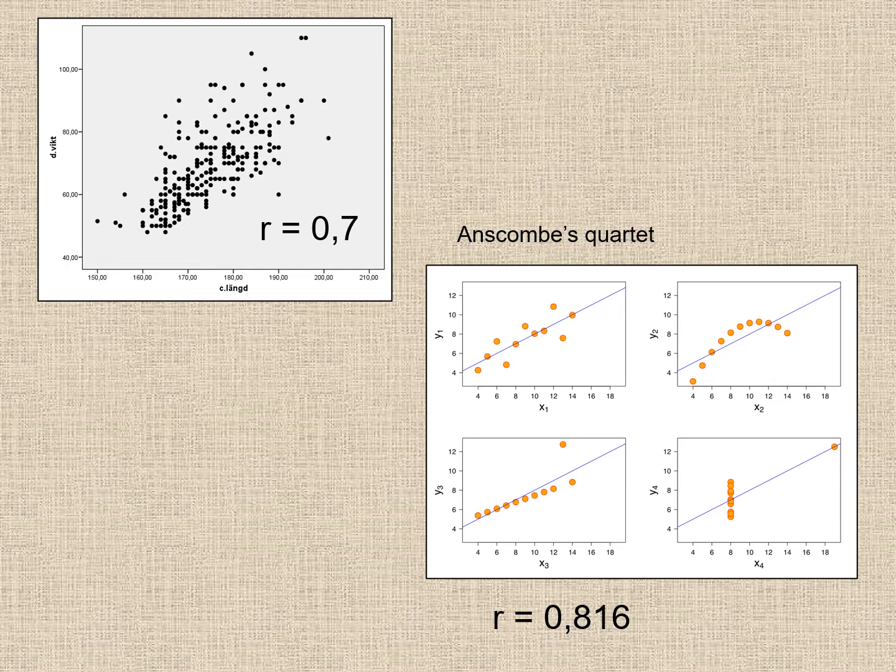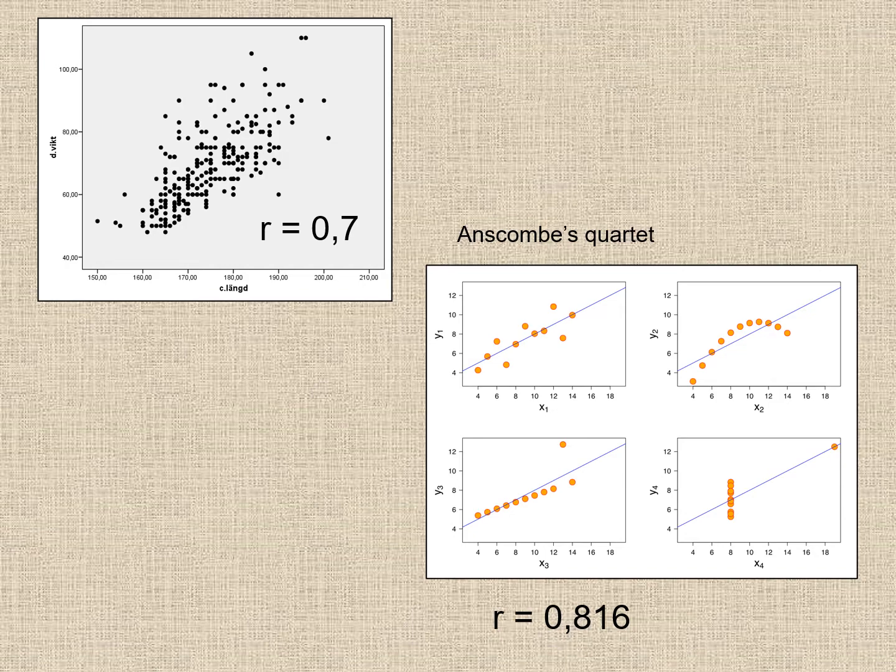There's some scatter. However, the same correlation, 0.816, we have in the upper right-hand panel. But clearly here, instead of having a strong positive linear association, we have a perfect curvilinear association.